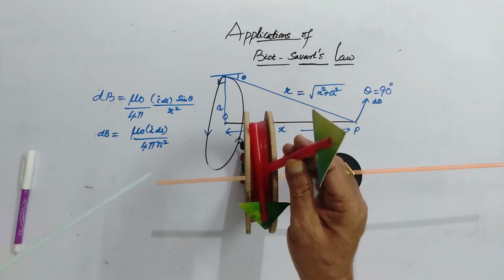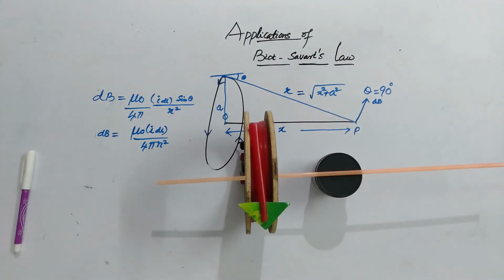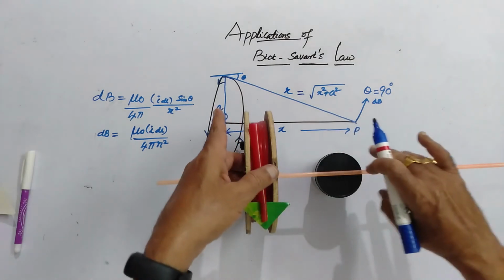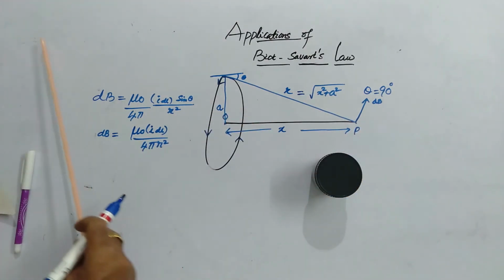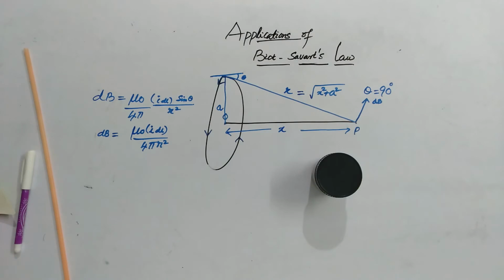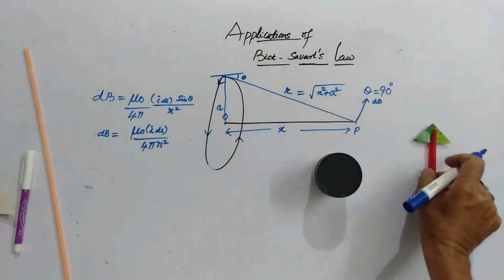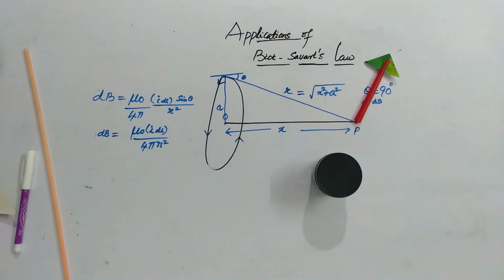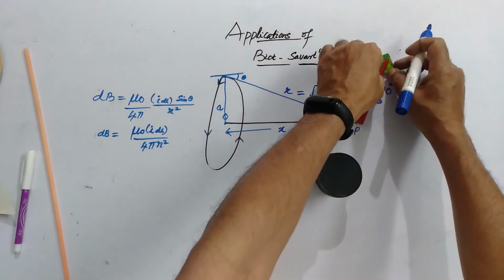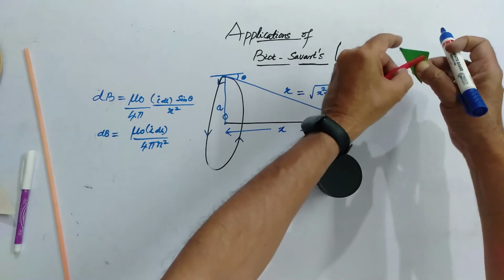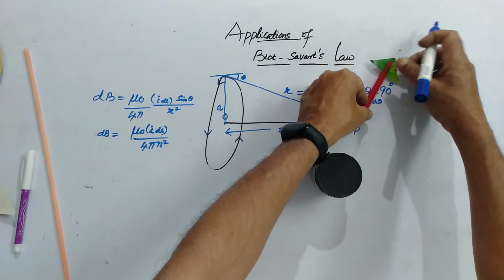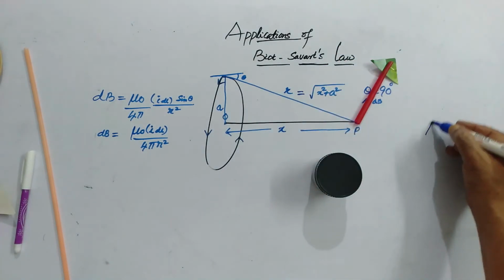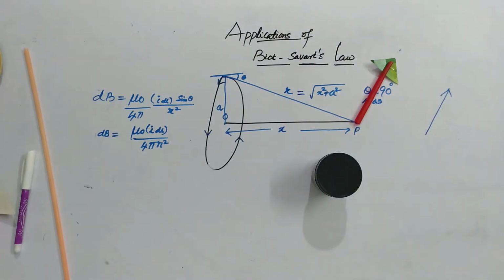So we can say this is the vector of magnetic field dB. That means it is along this direction.